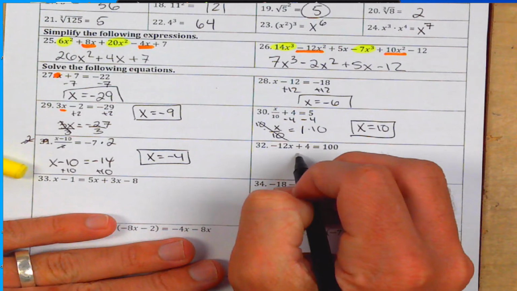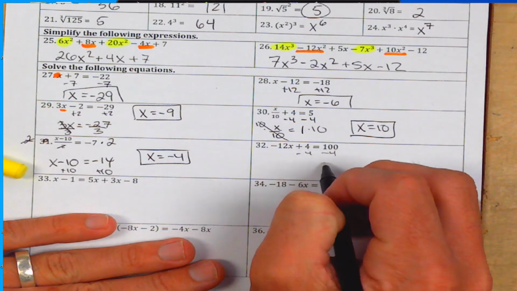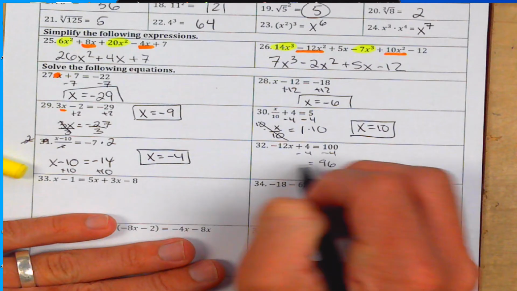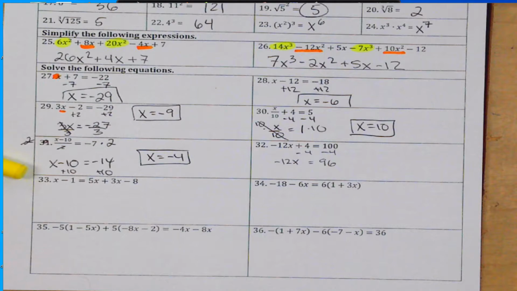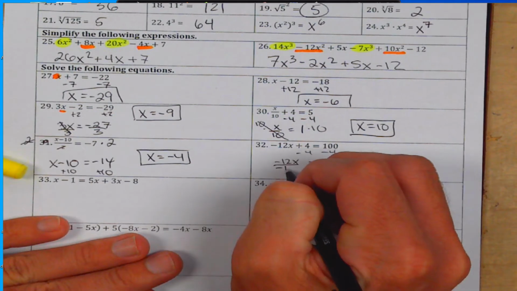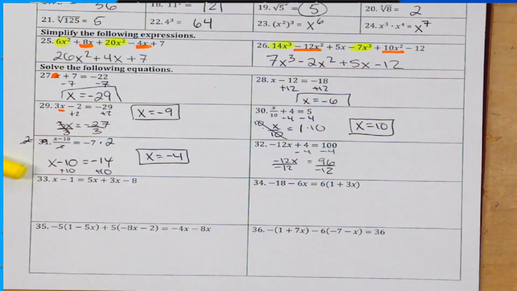So again, here we're going to subtract the 4 first. That's going to be 100 minus 4, which is going to give me 96. That's negative 12x equals 96, and then divide by negative 12. And here's a good example. Like, you might not know how many times 12 goes into 96. You could take a guess. It's probably close to 8, because, you know, it's not going to be 9.